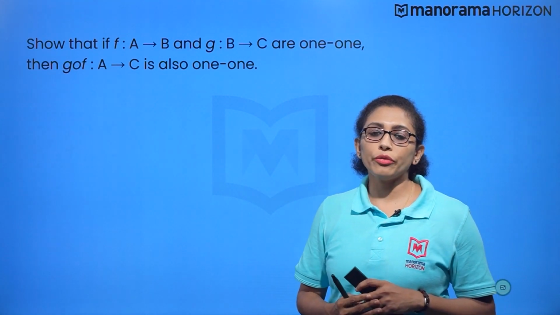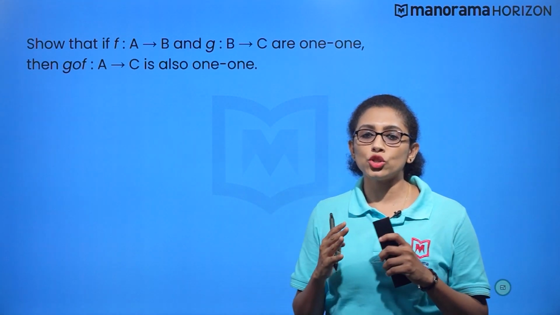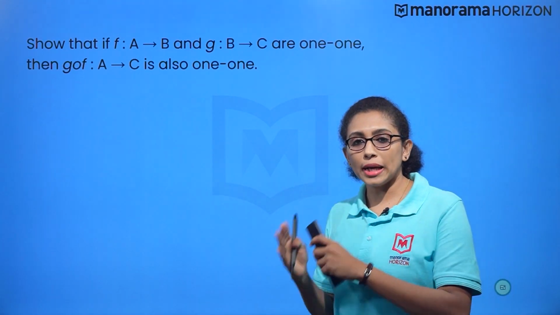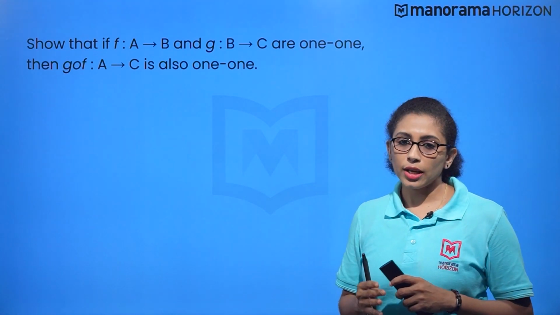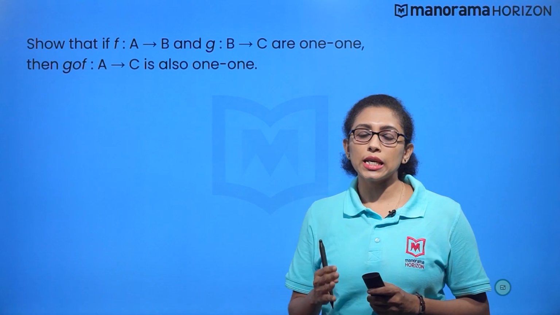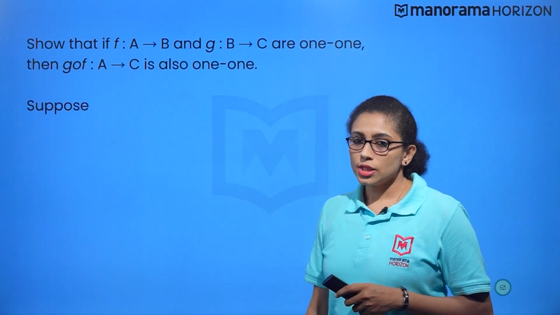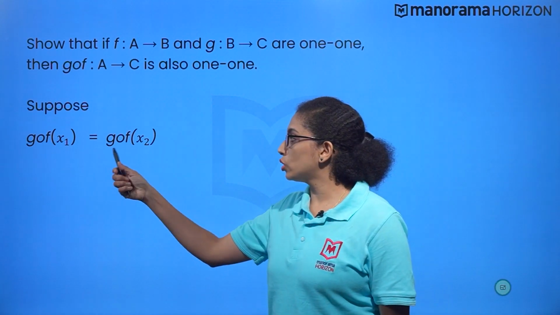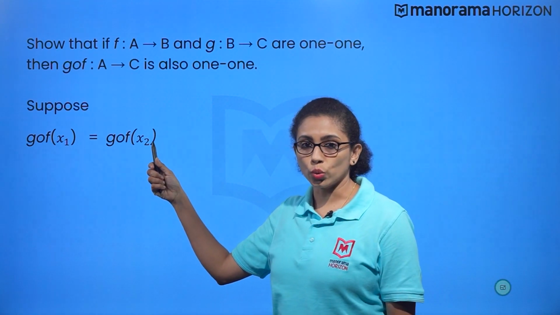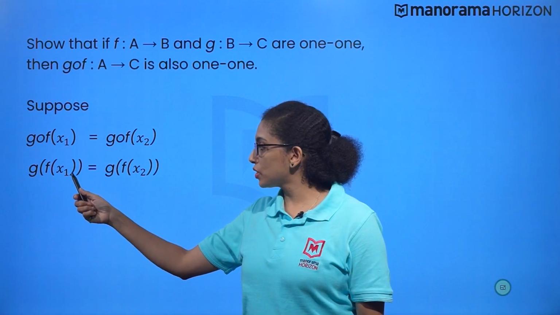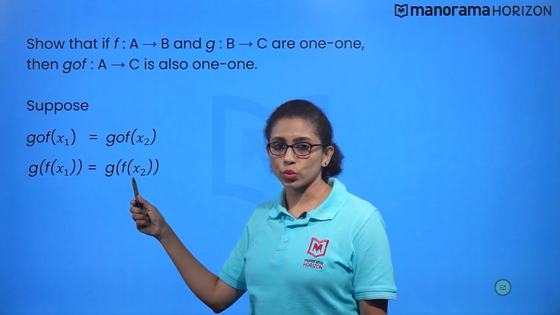Show that if f is a function from A to B and g is a function from B to C that are one-to-one, then g of f is a function from A to C that is also one-to-one. Suppose g(f(x1)) is equal to g(f(x2)).